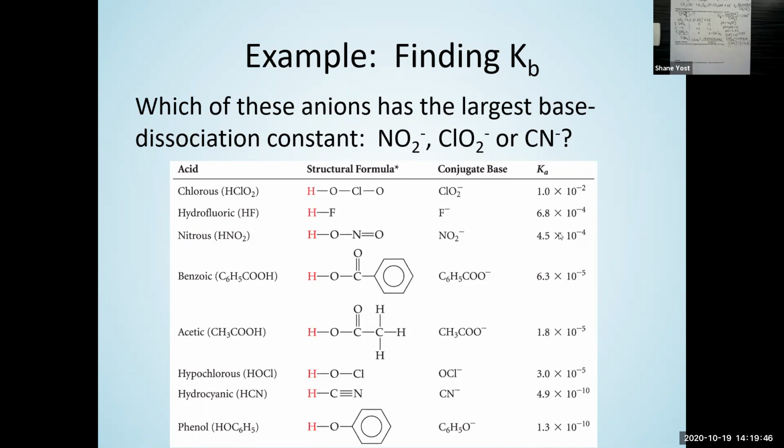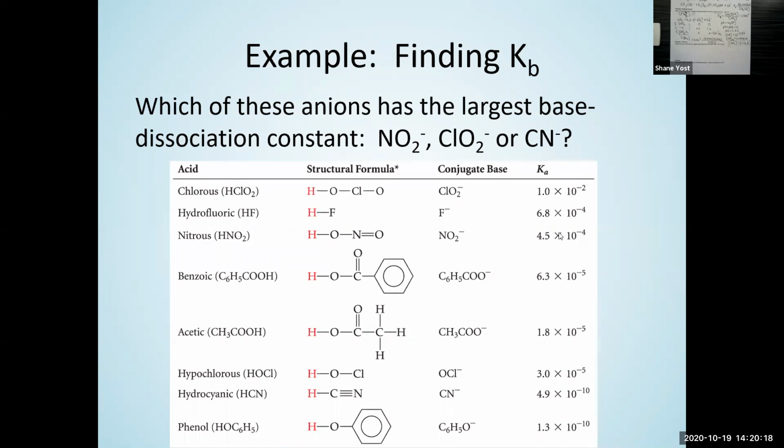HCN has a Ka of 4.9 times 10 to the minus 10, which is very small compared to HClO2, at 1.0 times 10 to the minus 2. So HClO2 is a much, much stronger acid than HCN. What that means for the conjugate bases is that ClO2 minus is significantly weaker than CN minus.